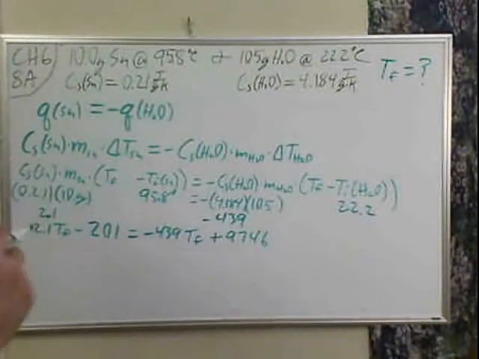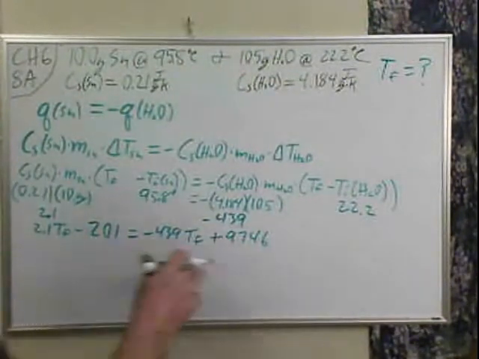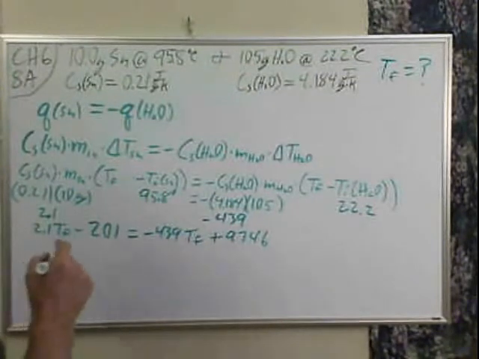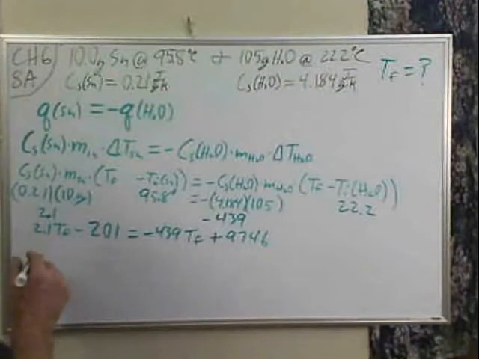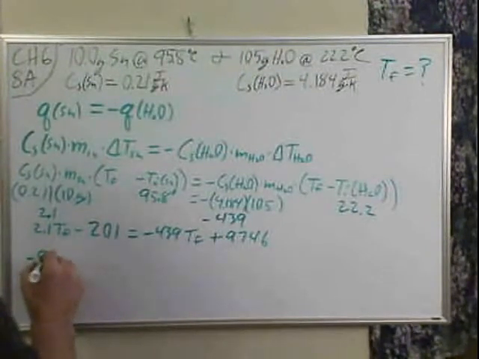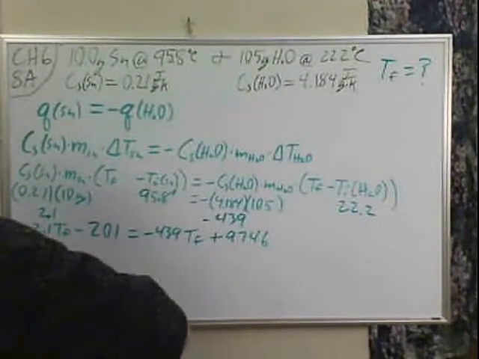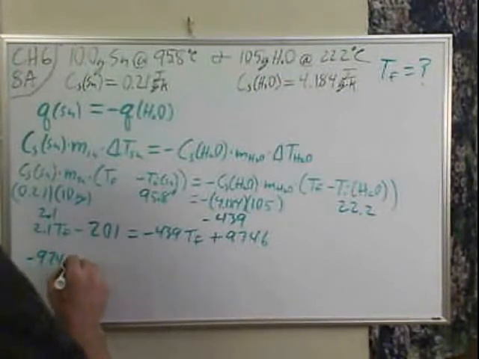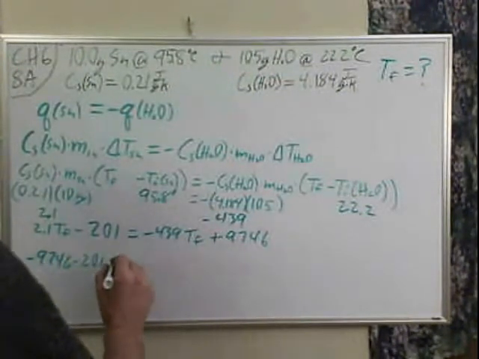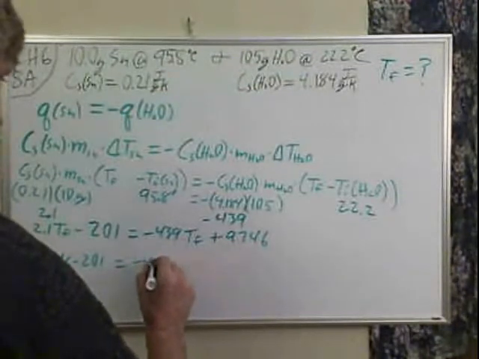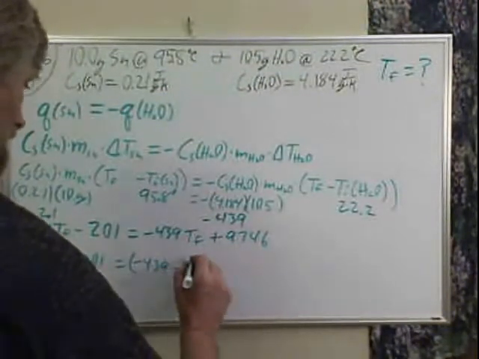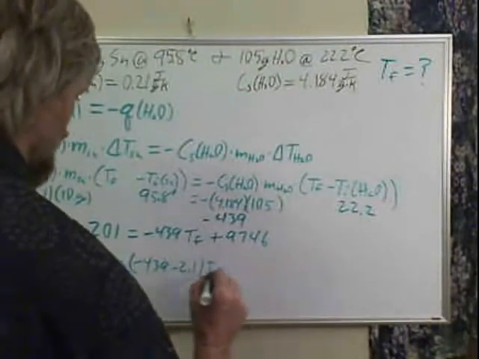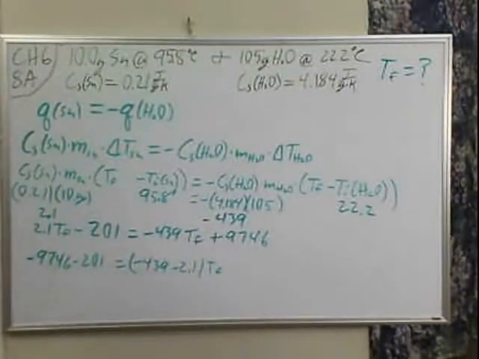Okay, now we're going to get the temperatures on one side, the numbers on the other side. So move that 9746 over, it becomes negative, so negative 9746 minus 201 equals minus 439 minus 2.1 TF. Combine these numbers.